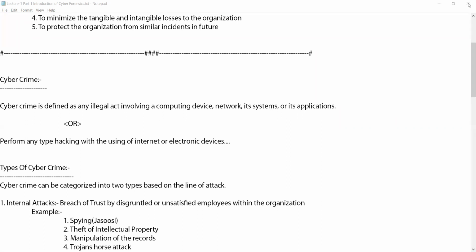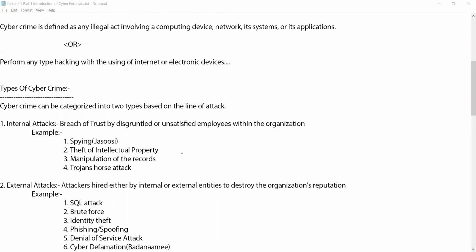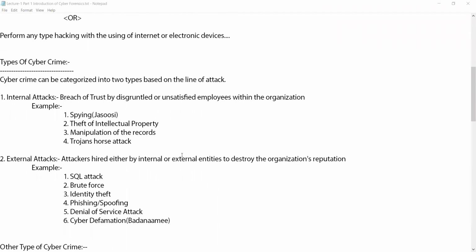There are multiple types of cyber crimes, so we will discuss them on the basis of categories. Cyber crime is basically categorized in two types: the first is called internal attacks, and the second is called external attacks. So what are internal attacks and what are external attacks?